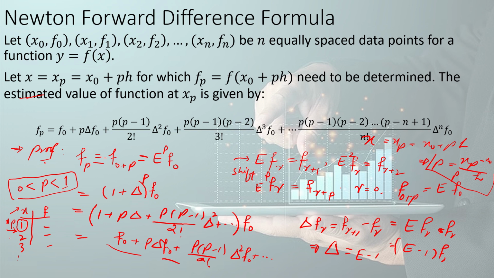If the unknown value is between 2 and 3, then 2 will be taken as x naught and so on. That's the procedure we'll be following because we want to impose the condition p is between 0 and 1. That's not a must condition. Sometimes we do take p between minus 1 and 1. Sometimes we can keep the value of p free of that condition and have any value of p.